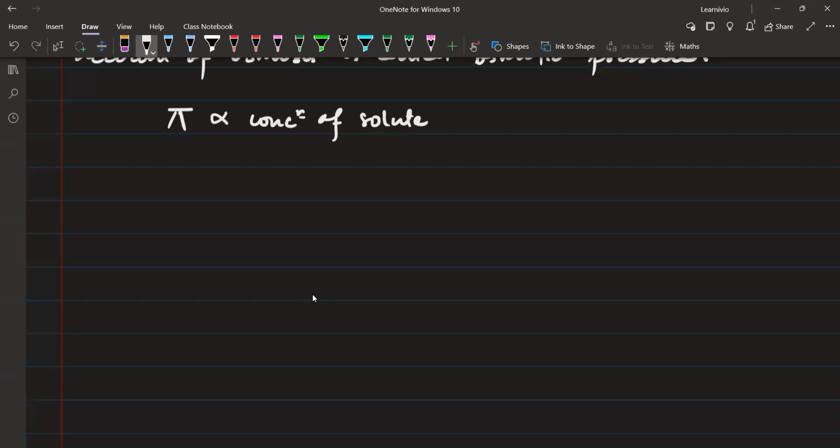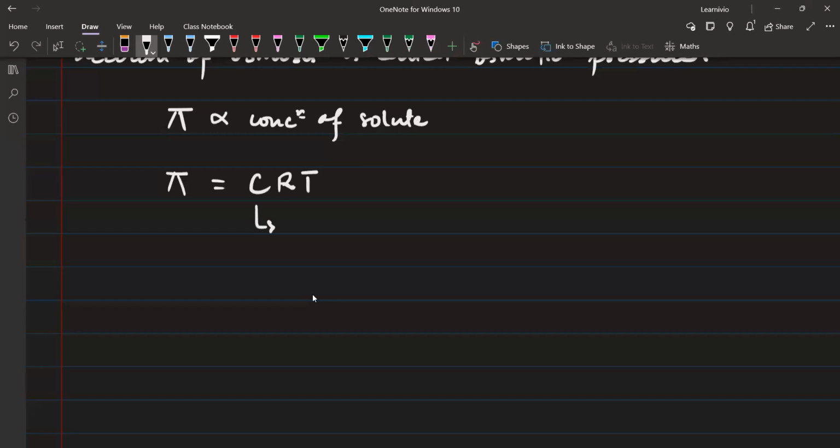That is why pi is directly proportional to the concentration of solute. If we have more solute, vapor pressure will be low. If vapor pressure is lower, we will have to add more external pressure. And if I remove the proportionality sign, we'll get pi is equal to CRT.